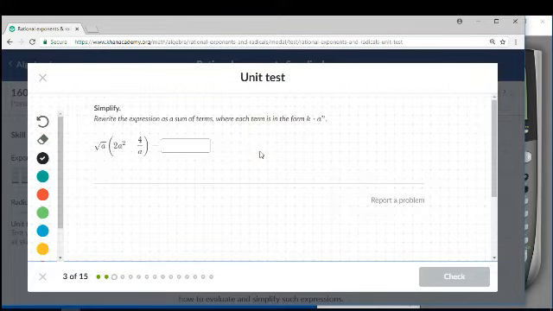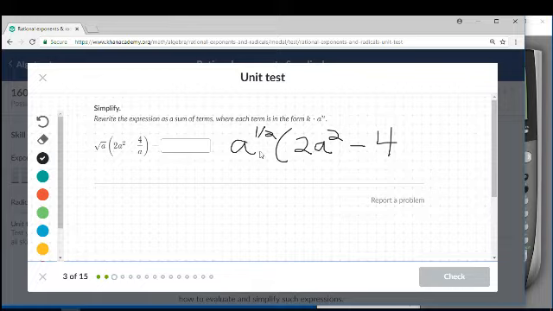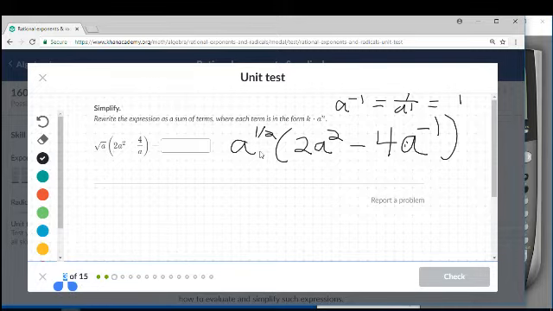This can be rewritten as a to the 1/2 times 2a squared, minus, and then 4 over a can be written as 4a to the -1, because a to the -1 is equal to 1 over a to the 1, which is equal to 1 over a.